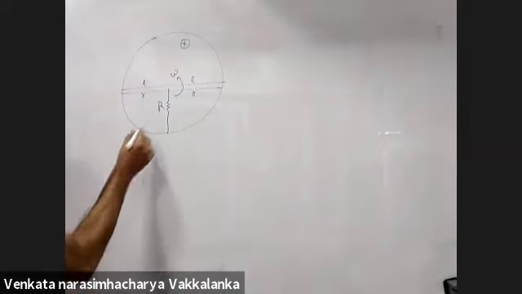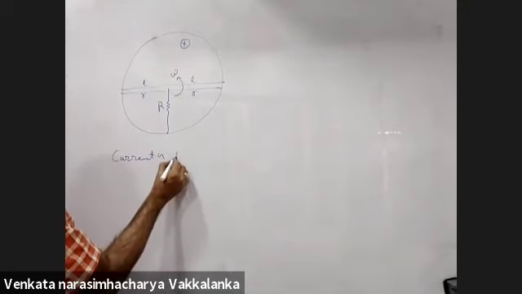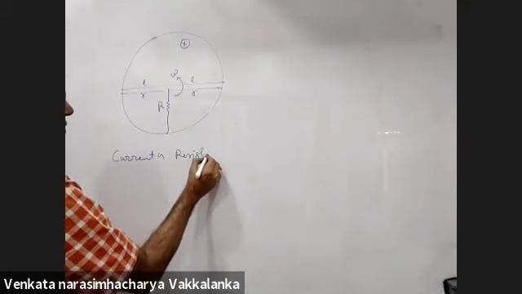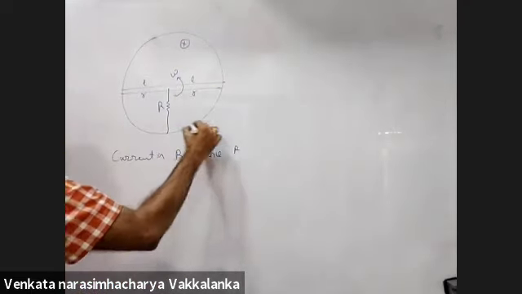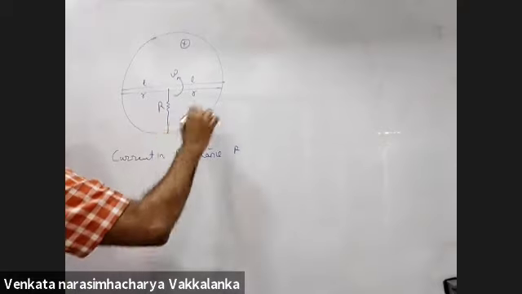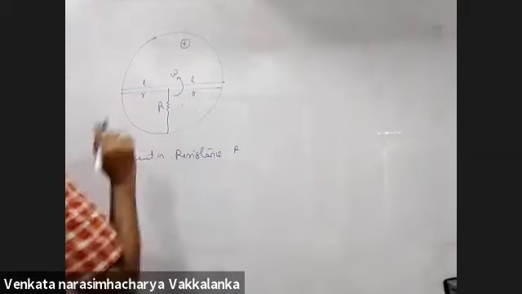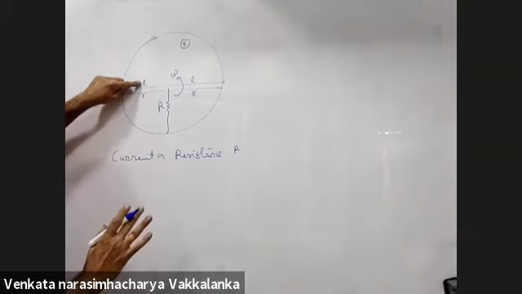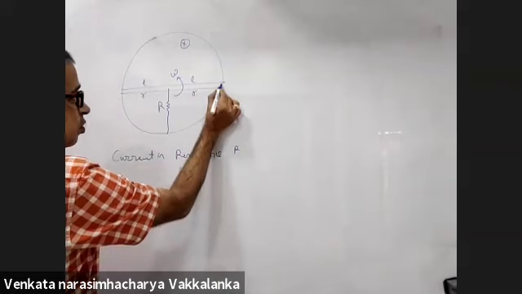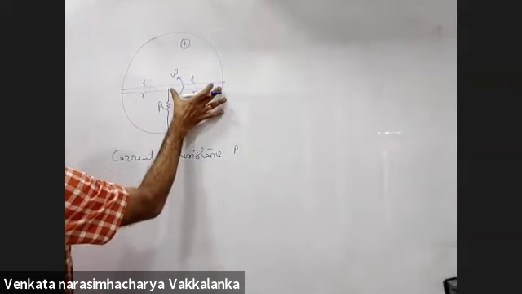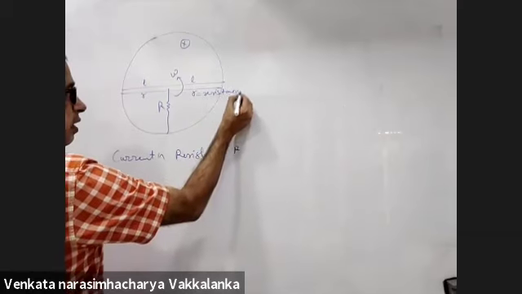Find the current in capital R. The ring is ideal, there is no resistance in the ring. This rod has a resistance of small r and length L. Small r is the resistance of this rod. Is that clear?